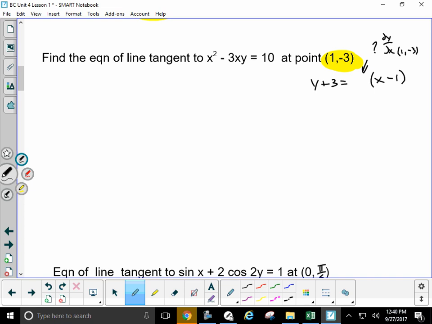Probably in this situation, I would bake it into the 3 and make this plus a -3. But that's just me. You could do it different ways if you'd like to. We have a product, use the product rule.